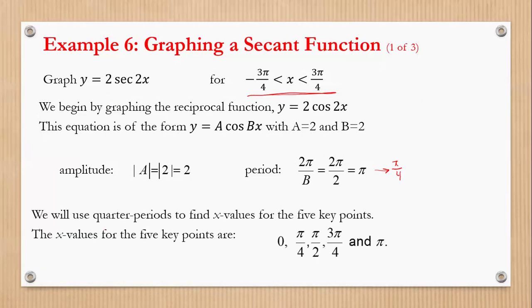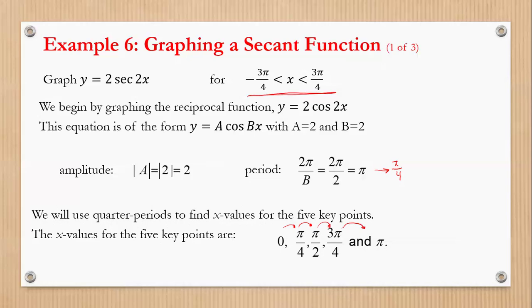And we get these numbers. Because 0 plus pi over 4 is pi over 4, pi over 4 plus another pi over 4 is pi over 2, pi over 2 plus another pi over 4 is 3 pi over 4, and 3 pi over 4 plus another pi over 4 is 4 pi over 4, which is pi.